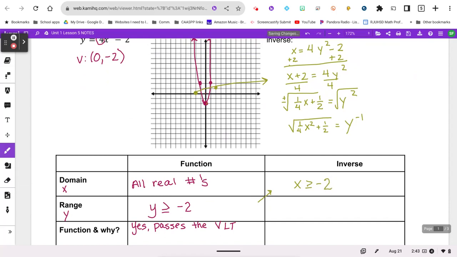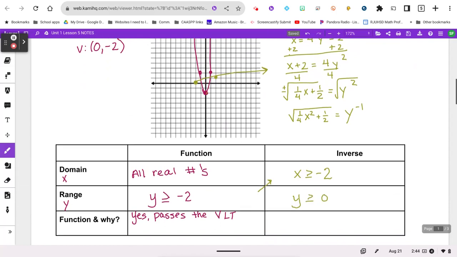And unfortunately, we are not going to say all real numbers for the range for our new equation because we did limit this one. We did limit it. So we're going to say y, and we can see y doesn't go any, yes, the y value does not go below the x-axis. So y is going to be greater than or equal to 0 since it does touch.